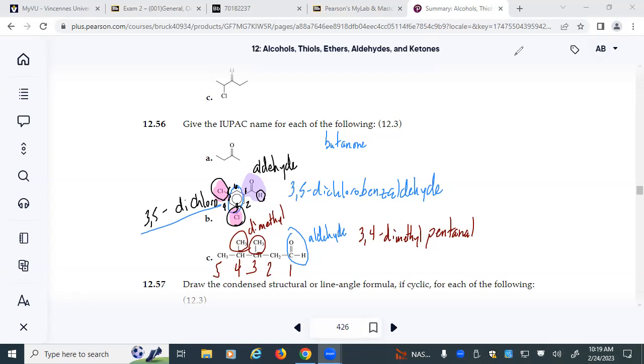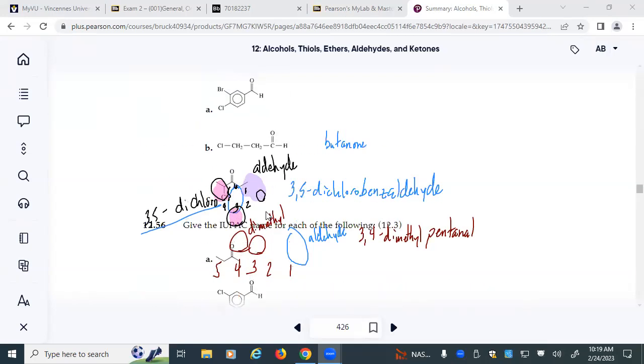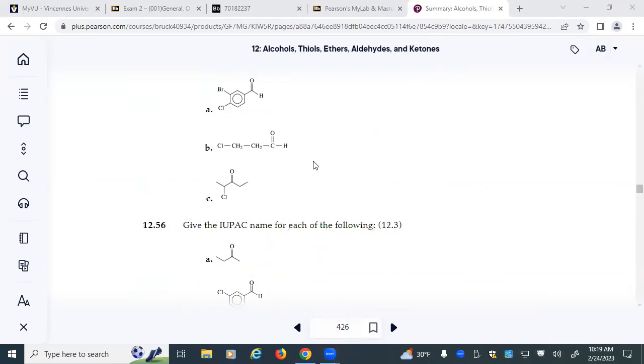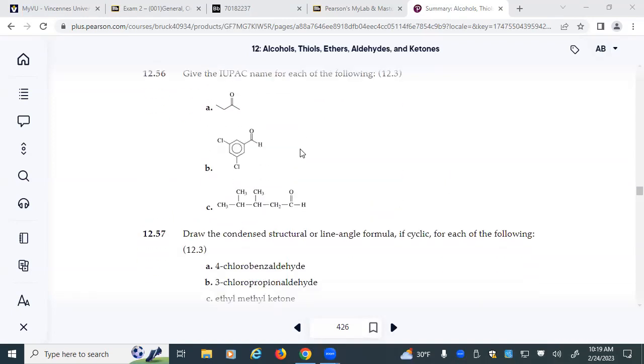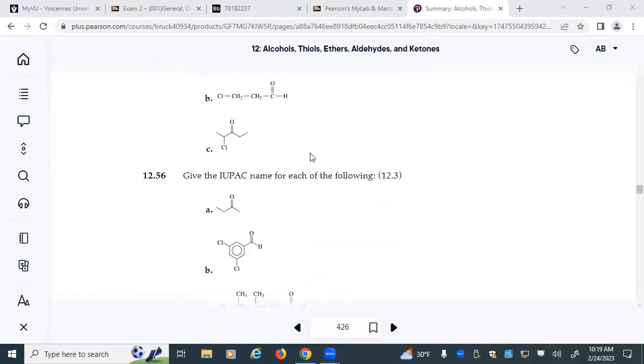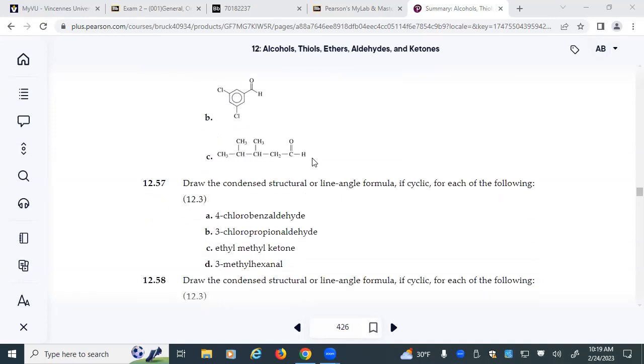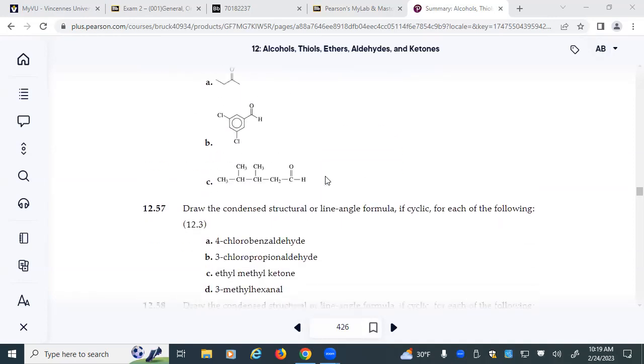Okay, Olivia, I would have to take a look at your quiz specifically. 1255B, 1257B. See if I can find those. They should be out of the problem here. Chloropropionylaldehyde.